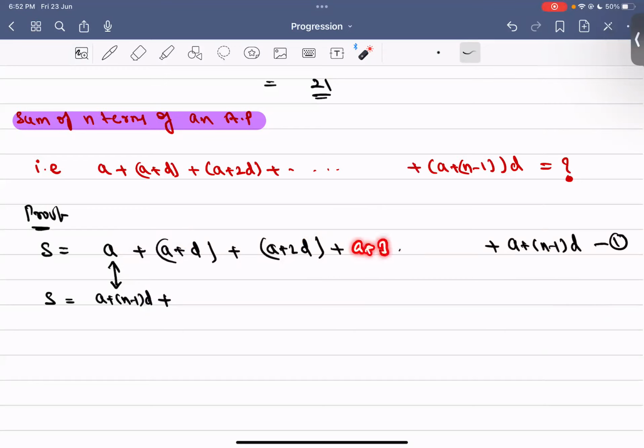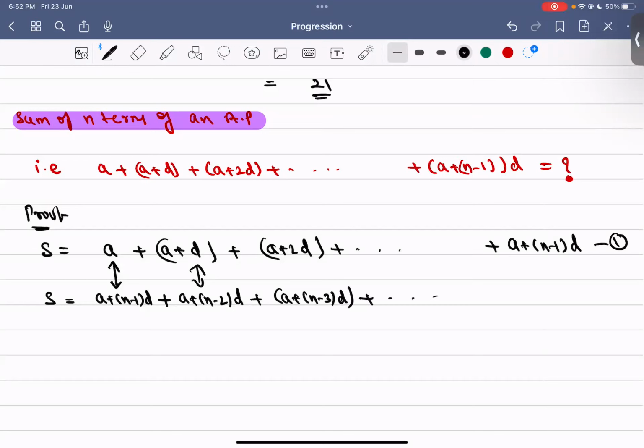Here n minus 1 is there, so the preceding term is n minus 2. That's why here you will have A plus (n minus 2) into D, plus A plus (n minus 3) into D, plus etc. I have just written it in reverse order. Is it okay?